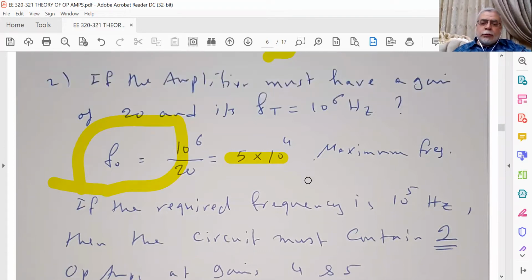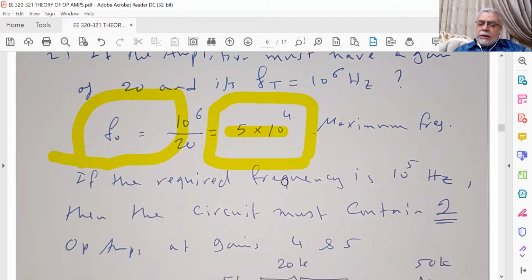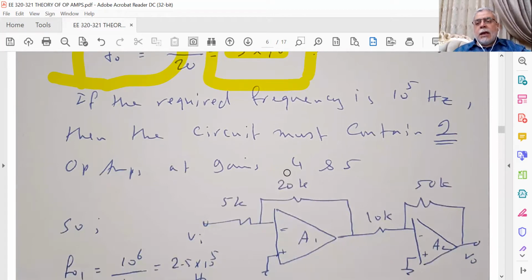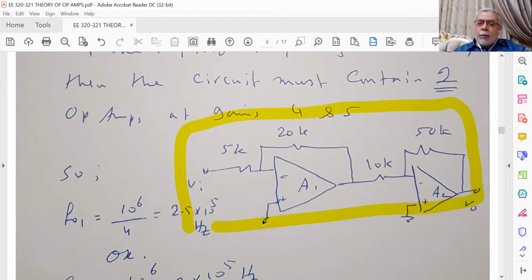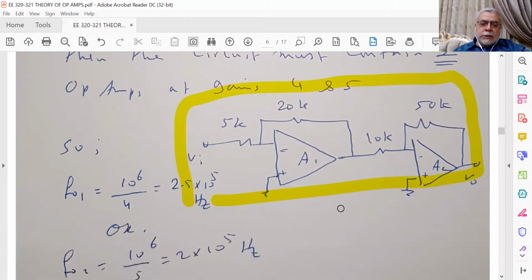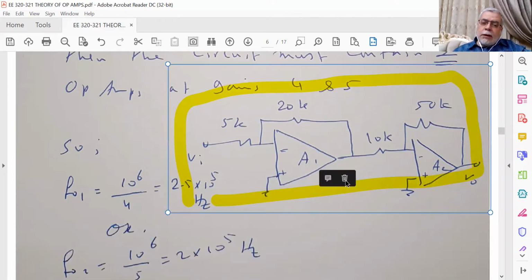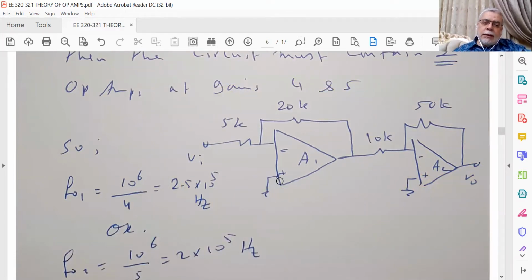Now, if we want to operate at a gain higher than this one, and we need a frequency of operation higher than a certain value, we can divide the operation into more than one op amp. Let's take this example, assuming the first with 20k and 5k as the feedback circuit, and 50k and 10k for the second op amp.